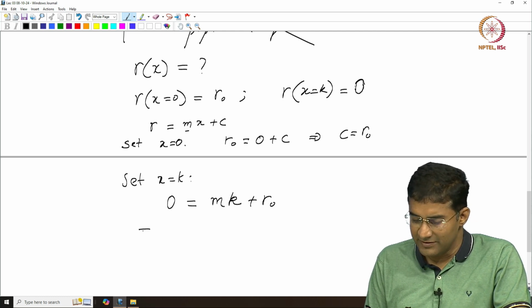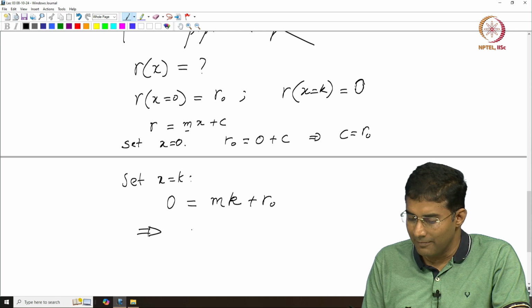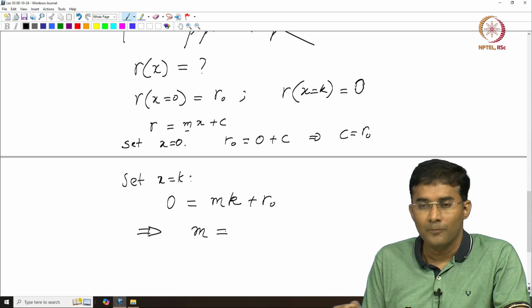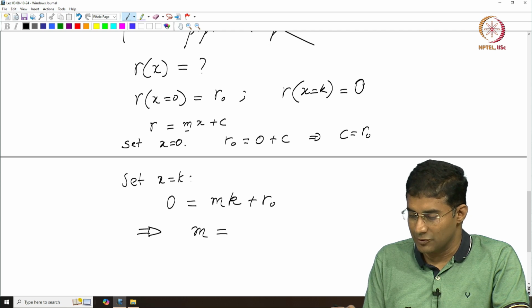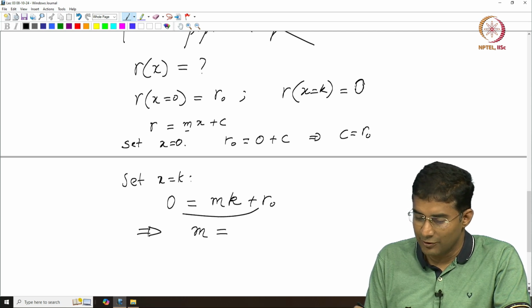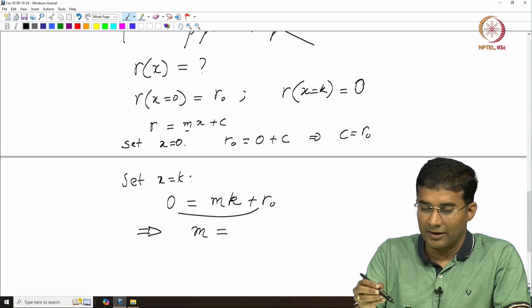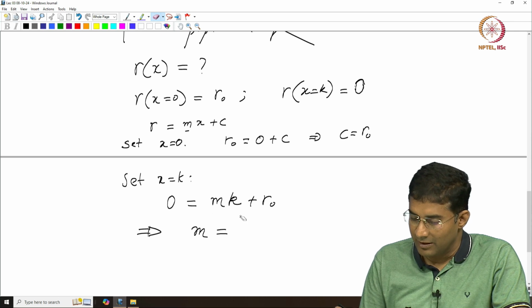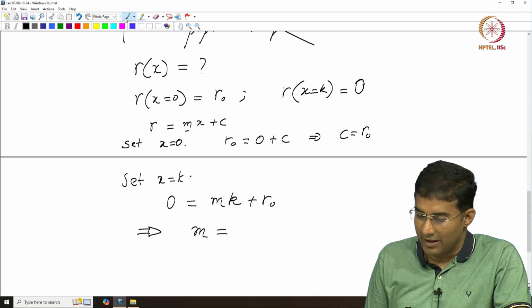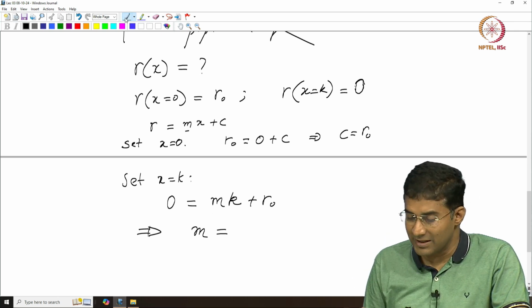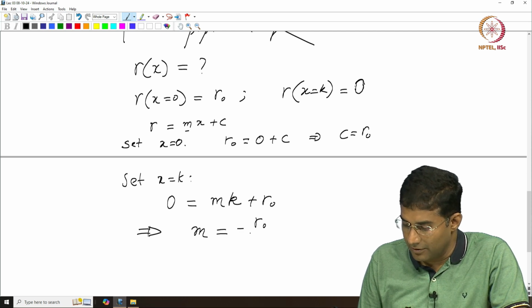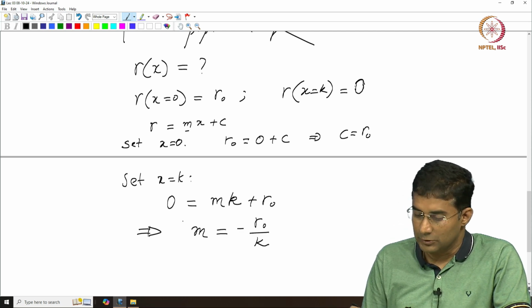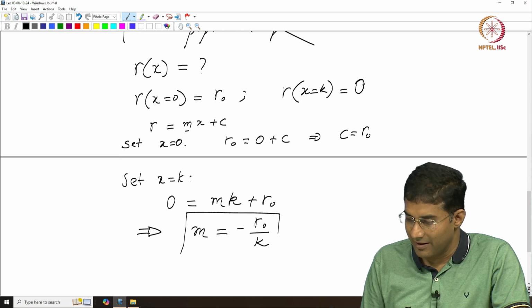Now this tells me the value of m by moving terms to different sides. I can bring mk to the left side and change the signs, and we will find that the slope is nothing but minus r 0 divided by k.